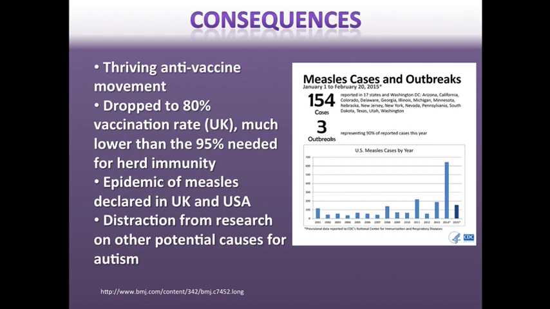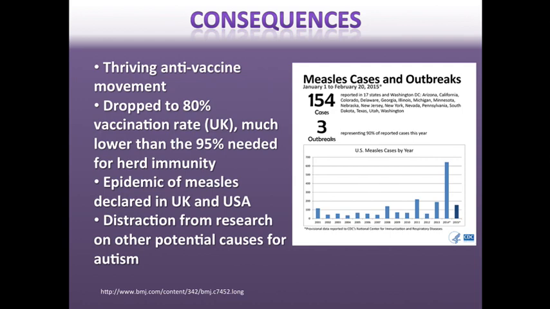So what we see here is that we're seeing some epidemics of measles showing up in both the UK and the United States. Now, the increase in measles is a major concern, but another concern that I want to bring up with this issue around research integrity is that we have a lot of evidence showing that there's no connection between the MMR vaccine and autism, many studies.